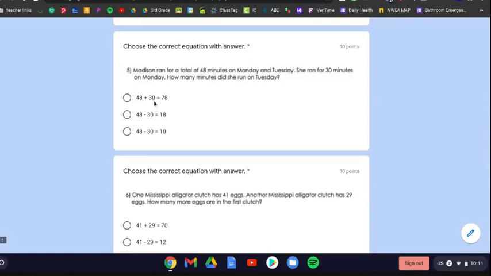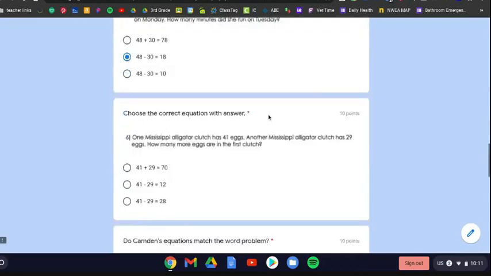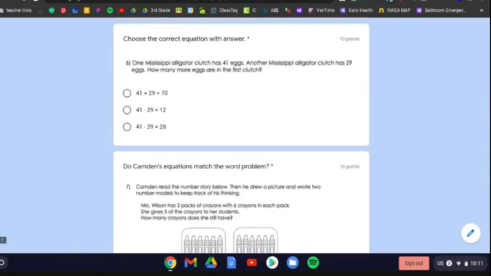Would you add 48 plus 30 to get 78? Would you subtract 48 minus 30 to get 18? Or was it 48 minus 30 to give you 10? How many minutes did she run on Tuesday? Think about what equation makes the most sense when you decide which operation it is. Click on your answer choice and then scroll down.